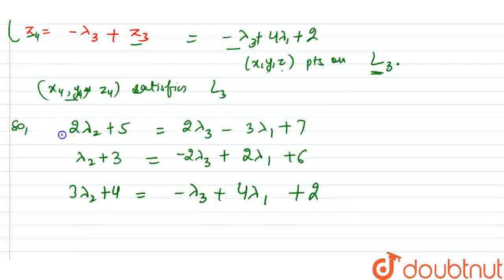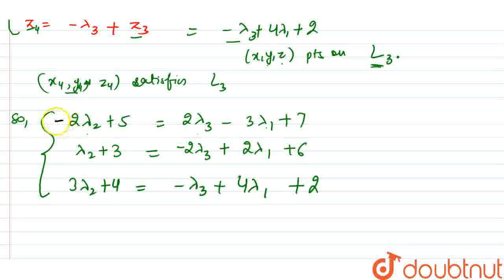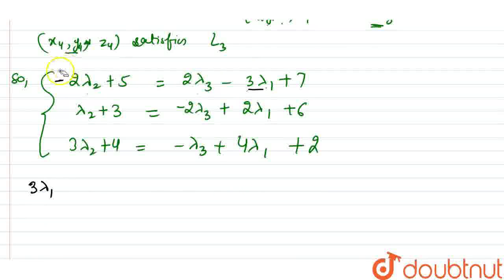Now we have these three equations in the variables lambda 1, lambda 2 and lambda 3. So let us solve them one by one. For the first equation, we can write it as: the minus 3 lambda 1, take it to the right, so this will be plus 3 lambda 1 on the left.